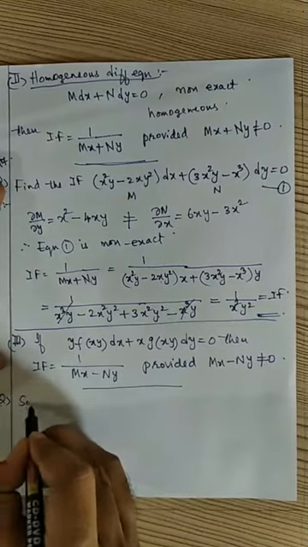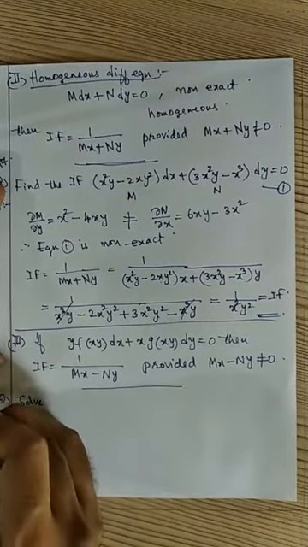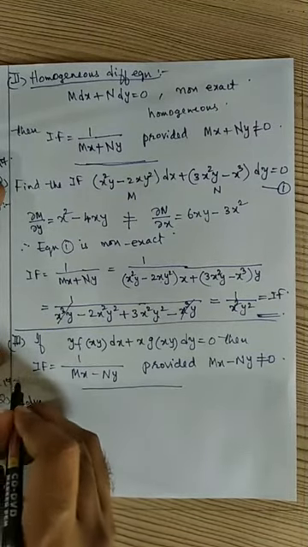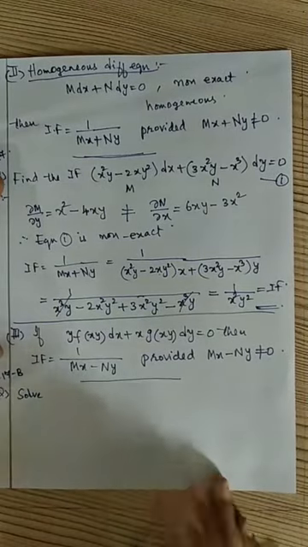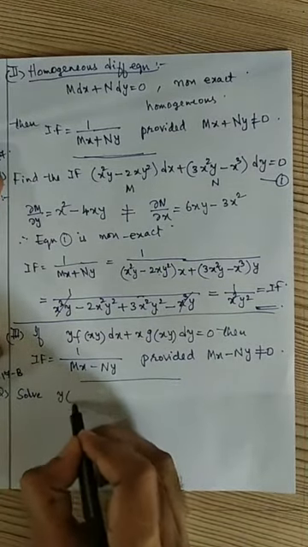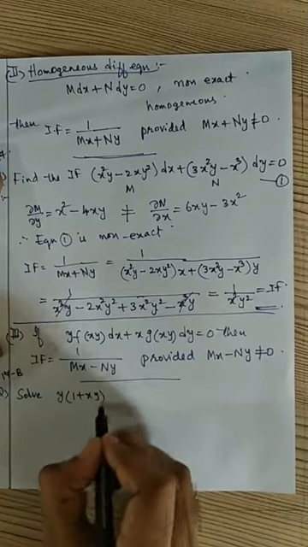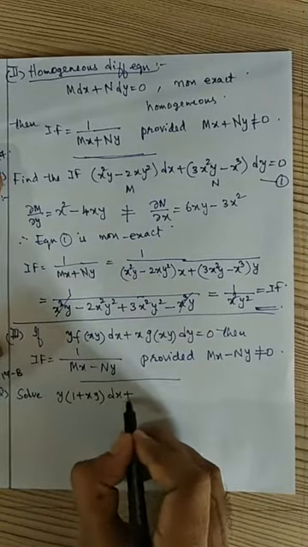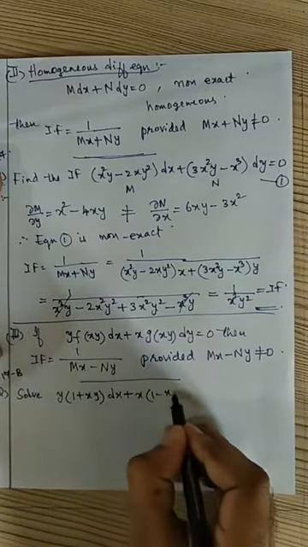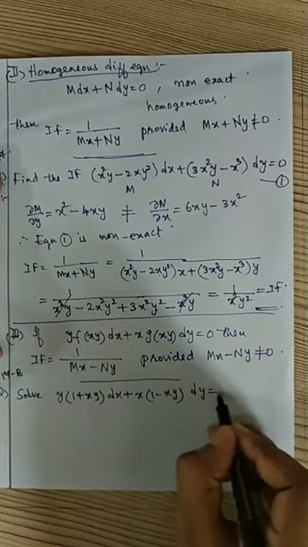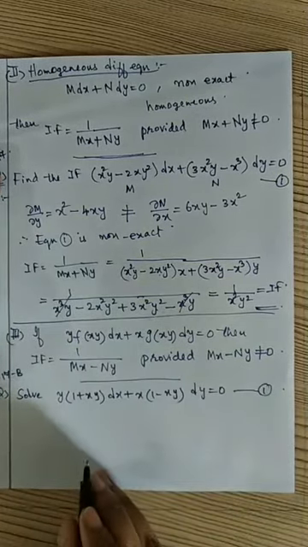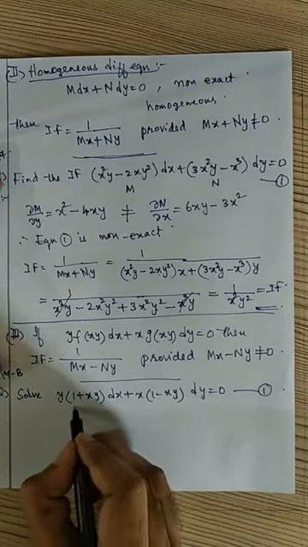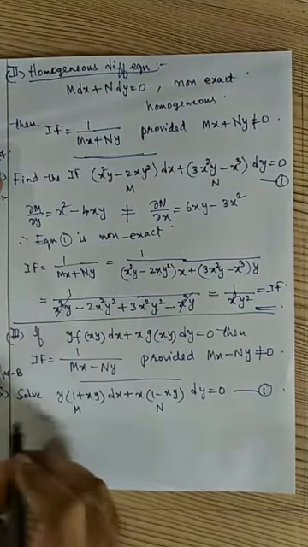Solve, this question was asked in the December 2017 backlog paper: y into (1 plus xy) into dx plus x into (1 minus xy) into dy equals 0. Consider this as equation 1. So here M is this, N is this.